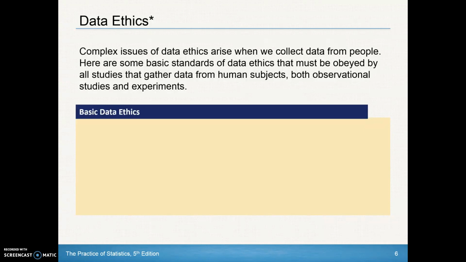We don't want to harm people, both physically and emotionally. So here are some basic standards of data ethics that must be obeyed when you gather data from human subjects. Either observational studies, but more importantly, experiments, because that's where you're interacting with people.